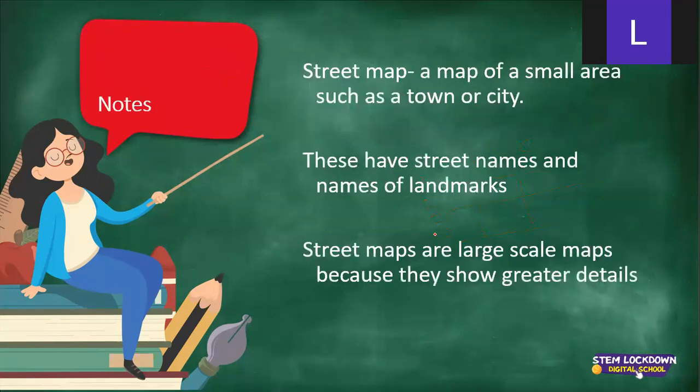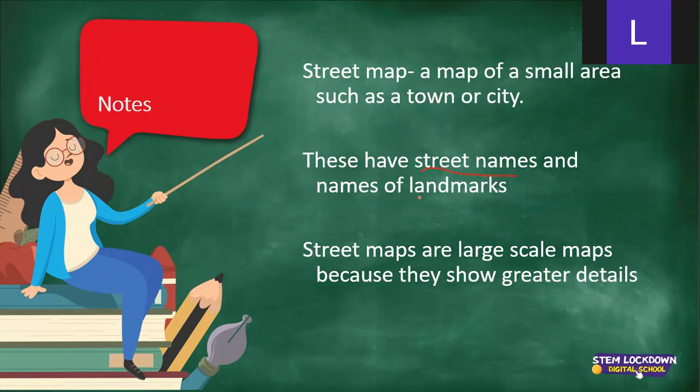Okay, street maps. This is a map of a small area such as a town or a city, right? So when I speak of a street map, it shows a particular town or a city. You see street names and you also see landmarks.